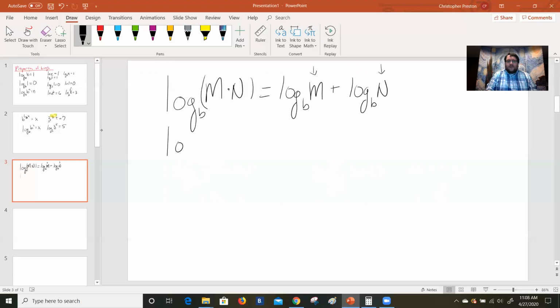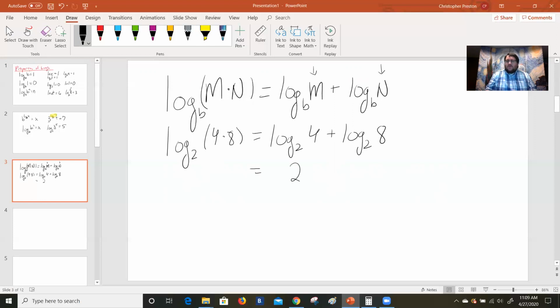So let's say we had log 2 of 4 times 8. According to this property, this would be equal to log 2 of 4 plus log 2 of 8. Well, log 2 of 4 is what power of 2 gives you an answer of 4, and that would be the second power.